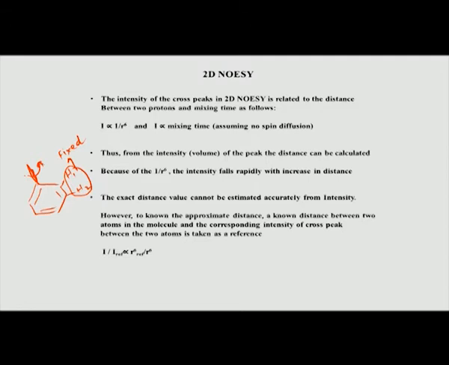So, what a large number of people typically do is qualitatively look at the intensity: if it is a very strong peak, we say it is a very short distance, if it is a very weak peak, we say it is a long distance, but long distance still means within the limit of 6 Angstroms.